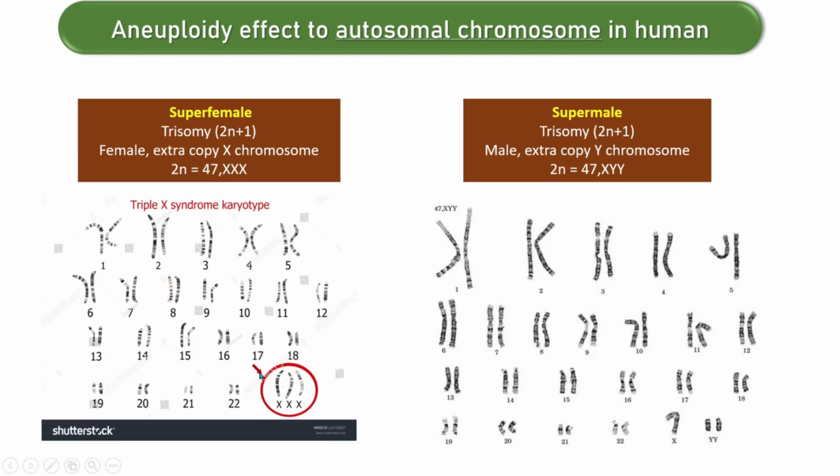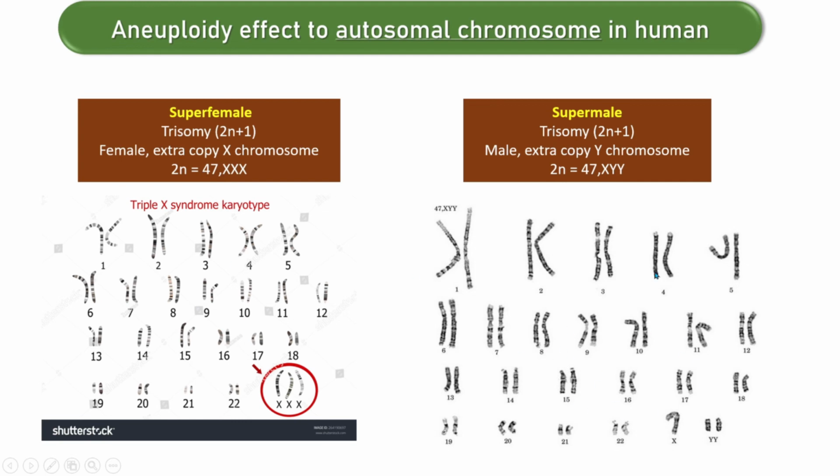This is a karyotype for super female individual, where the sex chromosome has 3 copies of X chromosome. Hence, super female is a trisomy, 2n plus 1. The number of chromosomes in this cell of super female is 47.